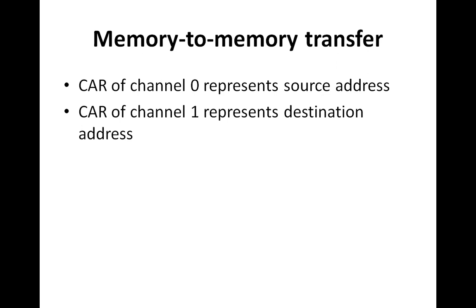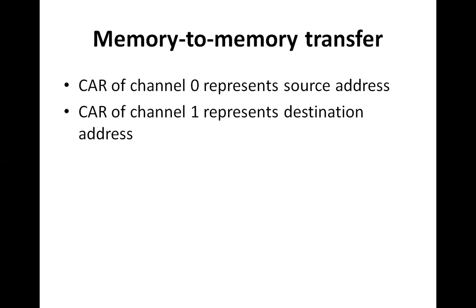Now, one more thing is important: the channel 1 current word count register is also decremented by 1 after each data transfer. So the source address resides in the current address register, and the total count, that is how many bytes have to be transferred, is stored in the count register.